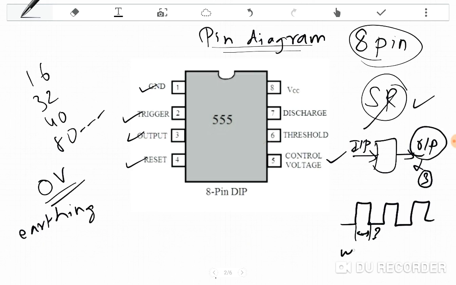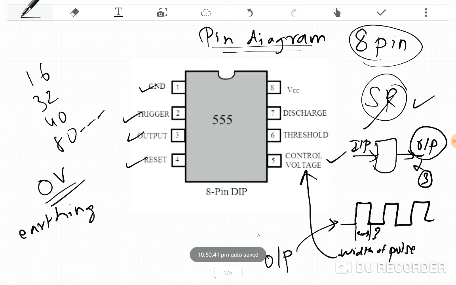It is called the width of the pulse. This width is controlled by this control voltage, and this width is what we obtain in the output. And what is the pin number of the output? Exactly, the output is pin number 3.